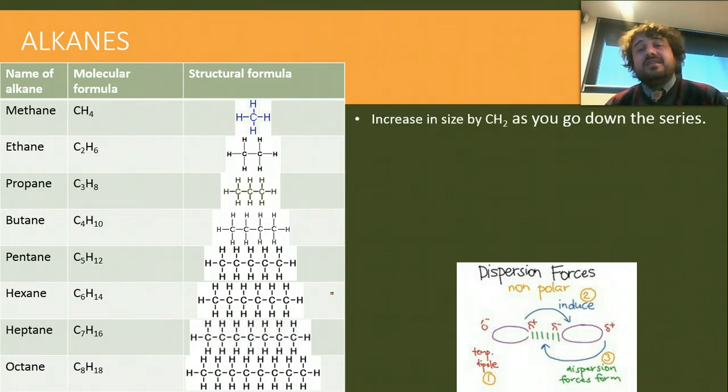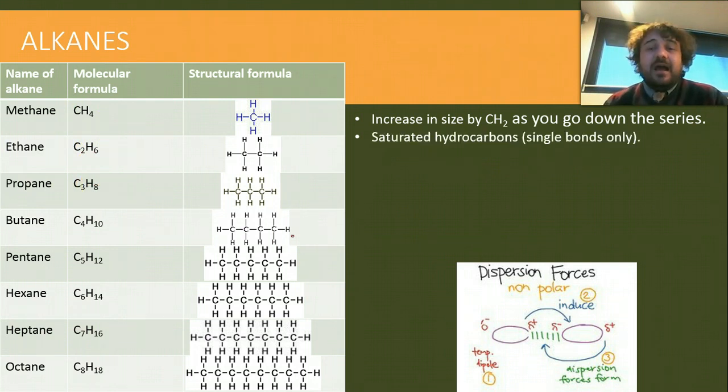Basically, they increase in size by CH2 as you go down the series. So here we start with C4, extra C with an H2, extra C with an H2, all the way down. They are saturated hydrocarbons, which means they only have single bonds. They are non-polar, but can have polar forces as we come in.